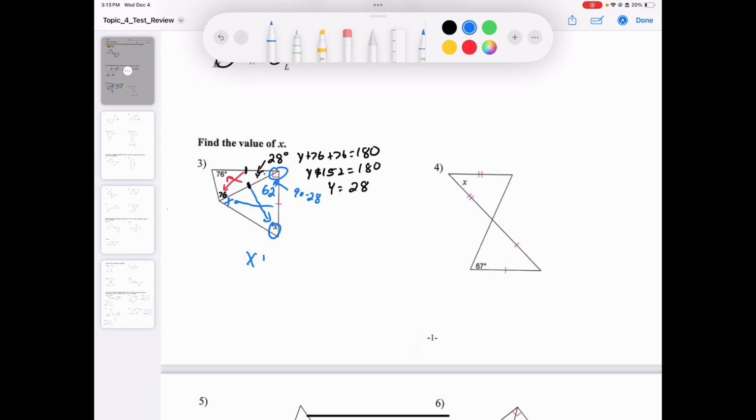Remember, the inside angles of a triangle have to add up to 180. So 2x plus 62 equals 180. Subtract 62 from 180. That's 118. Divide by 2. You get x is equal to 59. That's your value of x.